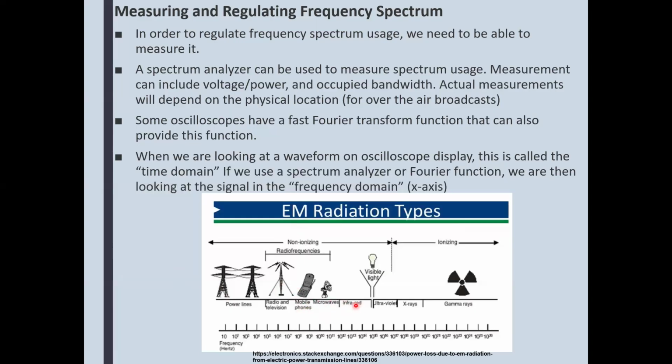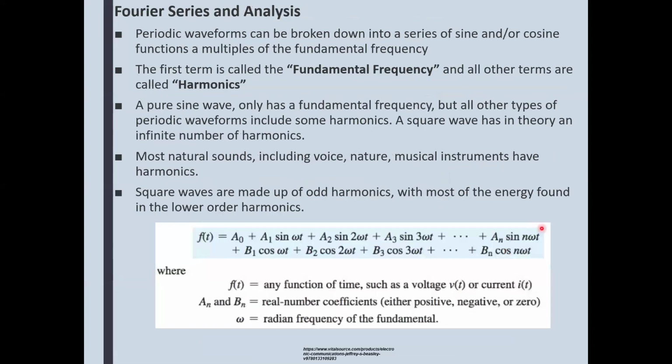We're dealing with some infrared and ultraviolet and so on, X-rays and gamma rays and whatnot. And this would be the frequency in hertz on the bottom here. This image just shows that there's a lot happening in the air, and it's all mixed with each other and within itself.